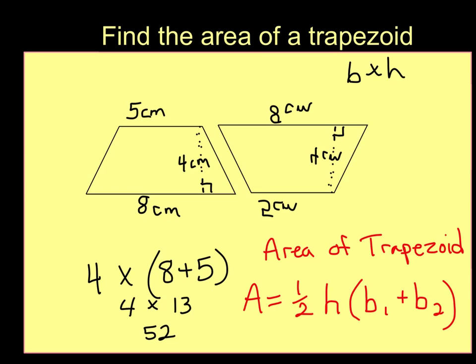So we were taking a half of the parallelogram formula, which was the base times the height. So the area of a trapezoid is basically the height times the two bases, and then we take half of it.